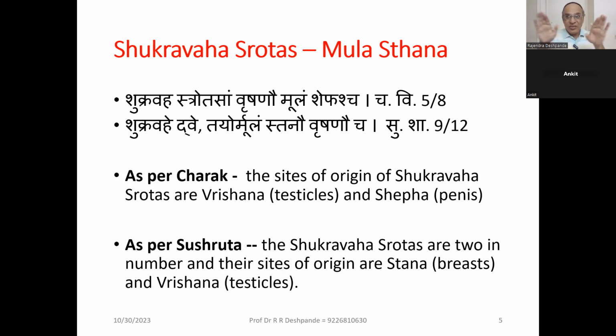So this is the difference between Charak and Sushrut. Keep it in mind, that's why here it is Shukravahe Dve. Dve means 2. Then he has mentioned the Stana, breast, and the Vrushana, testicles, as Mula Sthana.